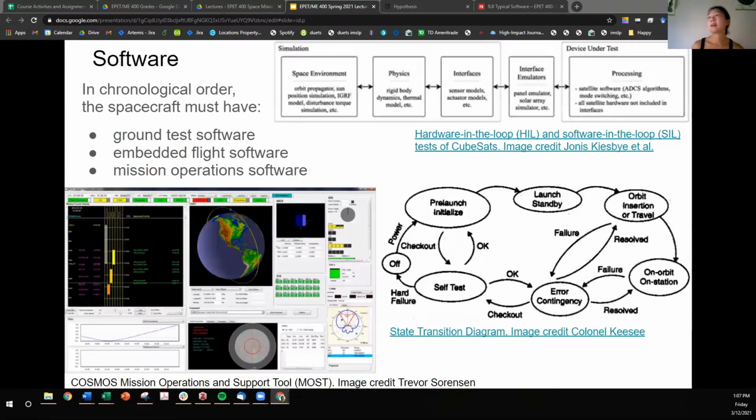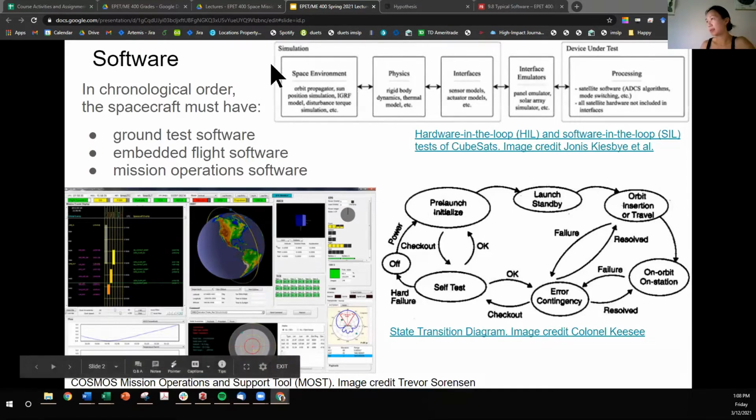So for software, there are three types of software. In chronological order, the spacecraft must have ground test software, embedded flight software, and mission operations software. So as you'll remember, on the top right is a block diagram of some sample of ground test software.